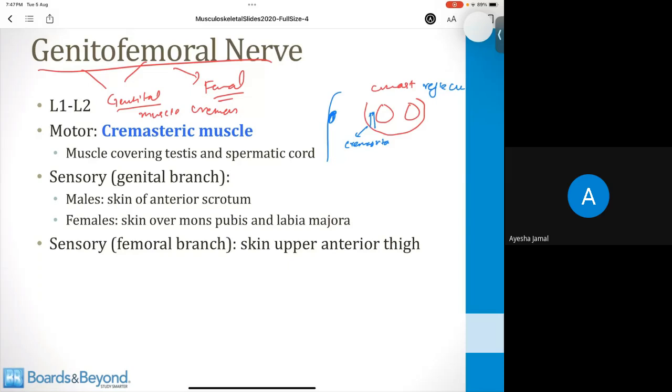So in the cremasteric reflex, we are looking for the activity of which nerve? The genitofemoral nerve. Why? Because the name genital indicates that it supplies the cremasteric muscle, which is in close communication with the genitals.